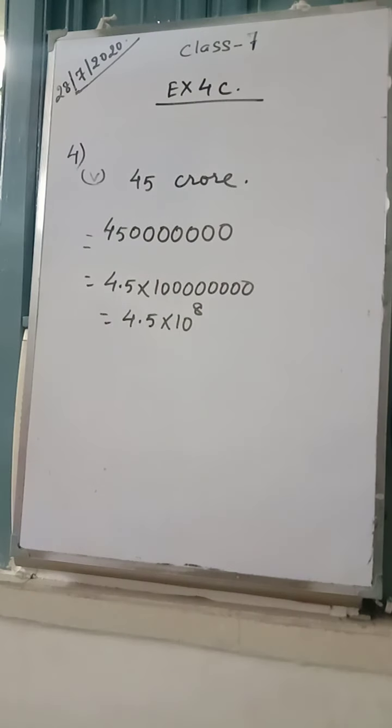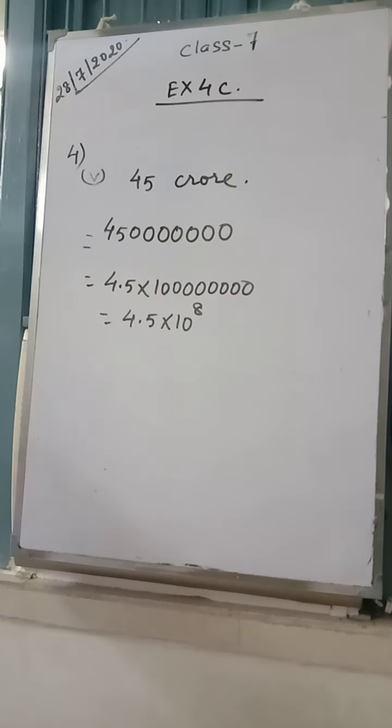Sums like this will come. You have to understand how to write it. The first part should not be more than 10 and should not be less than 1. That is, 4.5 is a, whose value is always between 1 and 10. Now for question number 5, I am writing only the answers. You can write them in the book if you want.